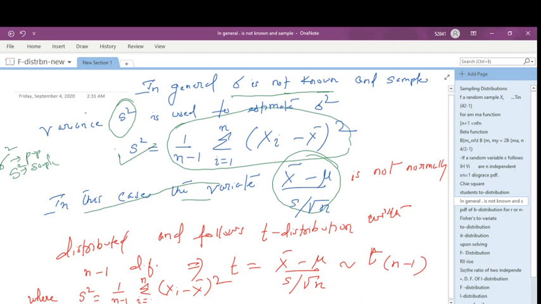So this will not be a normal distribution and will follow a t distribution, or student t distribution, with n minus 1 degrees of freedom. This is important to understand.